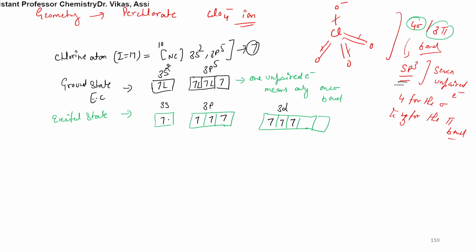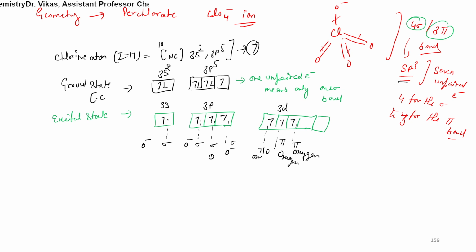That means a sigma bond with O negative, a sigma bond with oxygen, a sigma bond with oxygen, a pi bond with oxygen, a pi bond with oxygen, and a pi bond with oxygen. Clear?